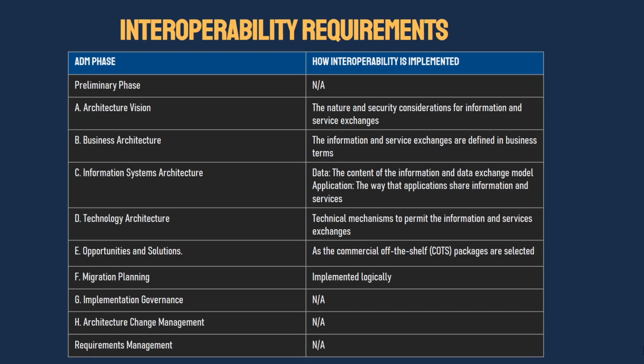In information systems architecture, interoperability is discussed in two areas: in the data domain, when we are talking about the content of the information and the data exchange model, as well as the application domain, when we talk about the way that the applications share their information and services. In the technology architecture phase, interoperability is implemented when the technical mechanisms to support the information and service exchange are discussed.